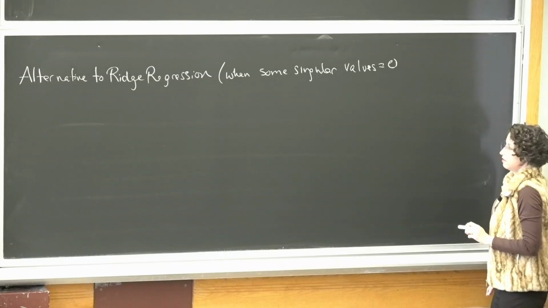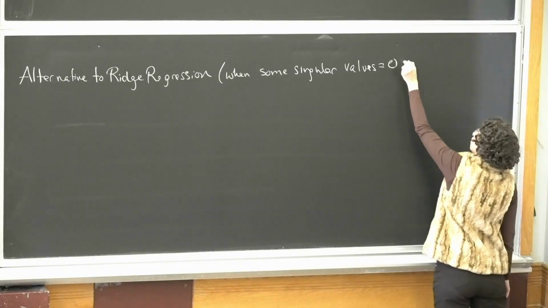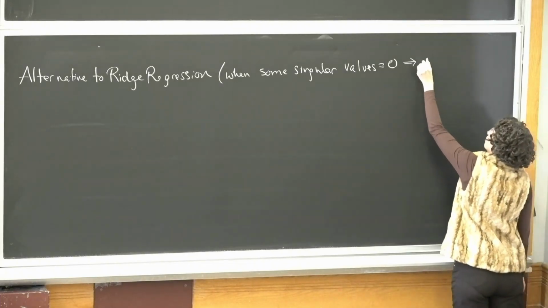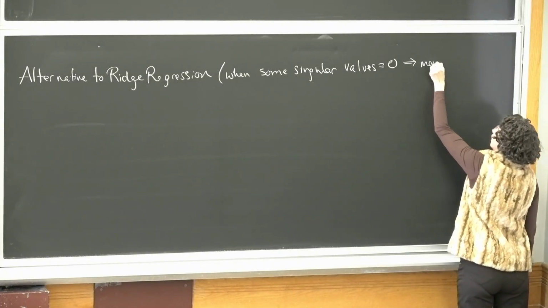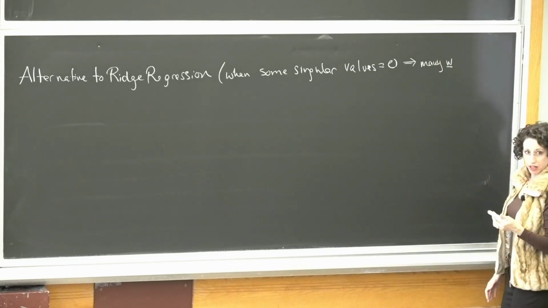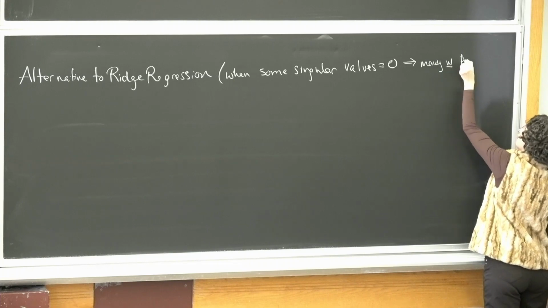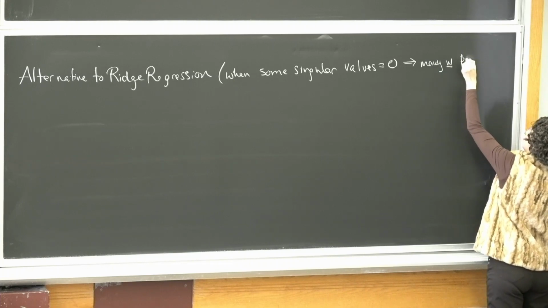So when some of the singular values are equal to 0, we said one of the ramifications of that is that there are many different weight vectors that we could find that perfectly predict our labels.